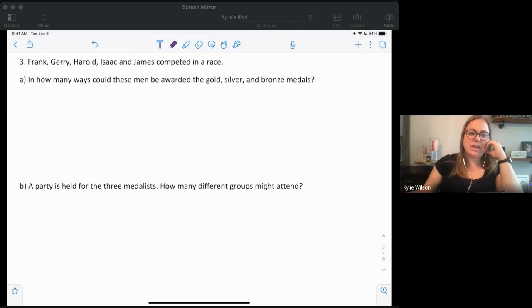So the first example says Frank, Jerry, Harold, Isaac, and James competed in a race. In how many ways could these men be awarded the gold, silver, and bronze medal? The first thing we do with any question is we think to ourselves, does order matter?